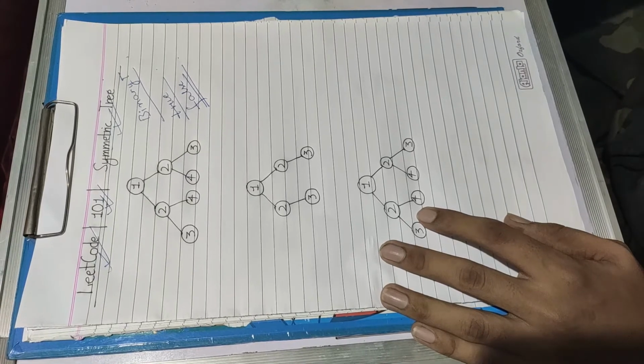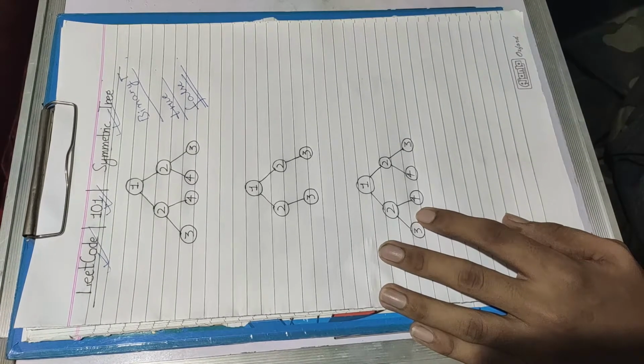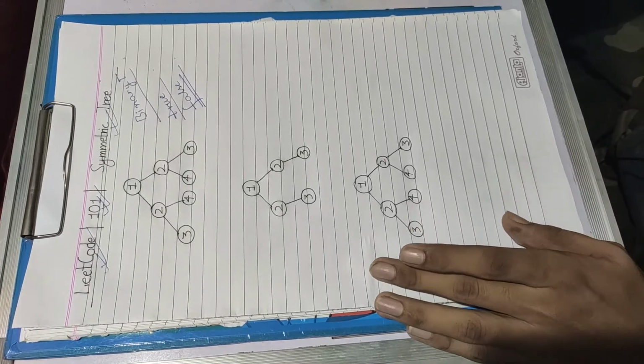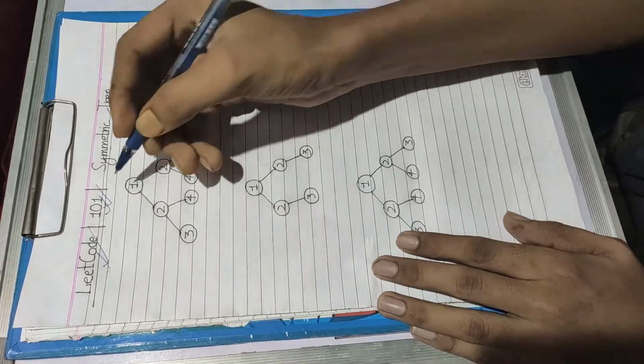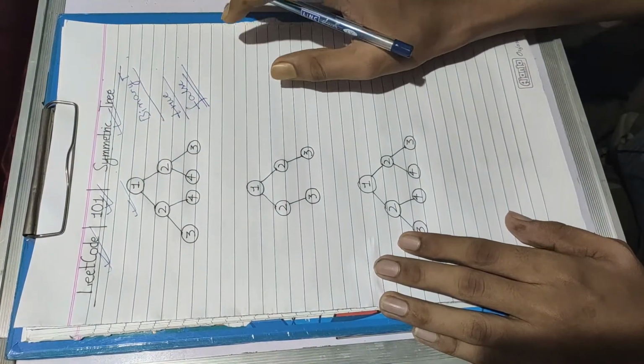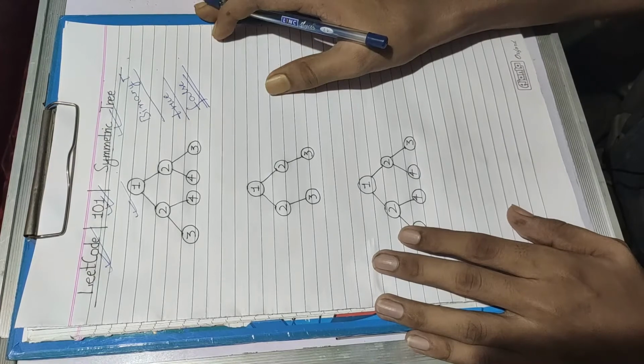If a given tree is symmetric, that means, to explain in layman's language, let's say this is the given tree. What does it mean by symmetric?